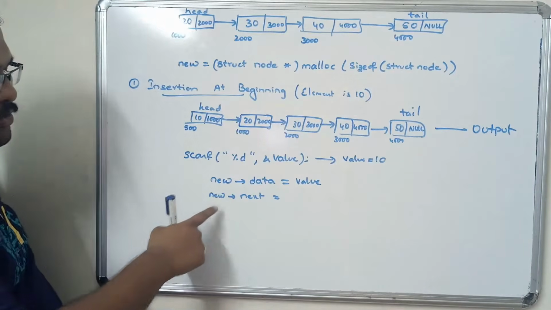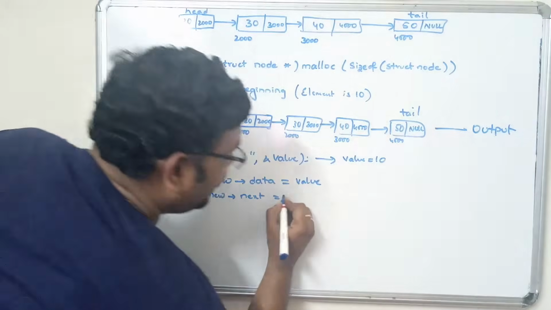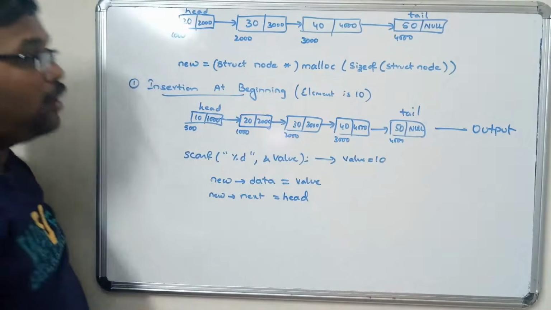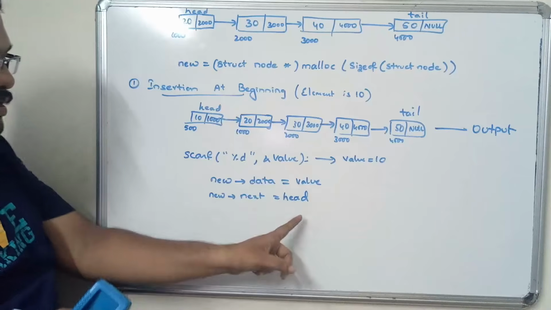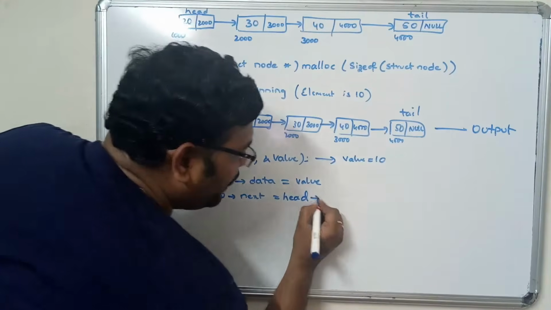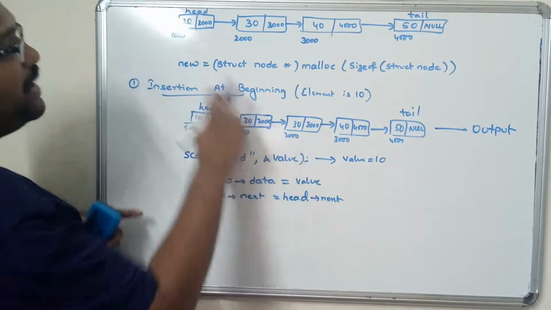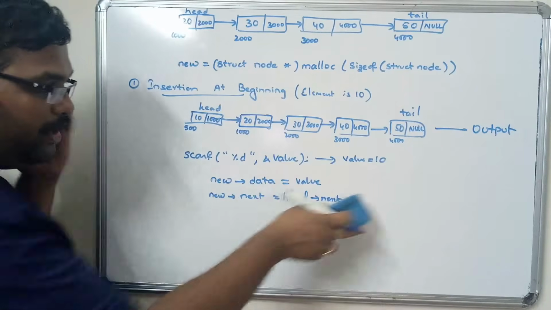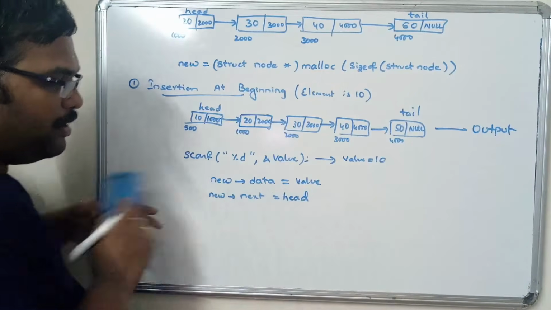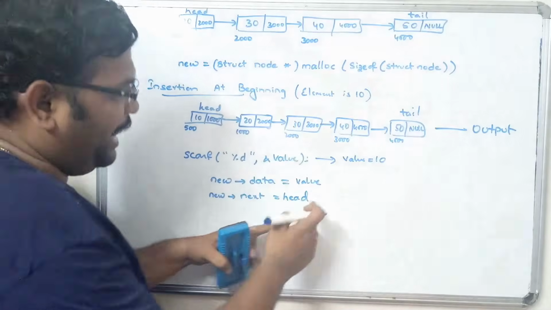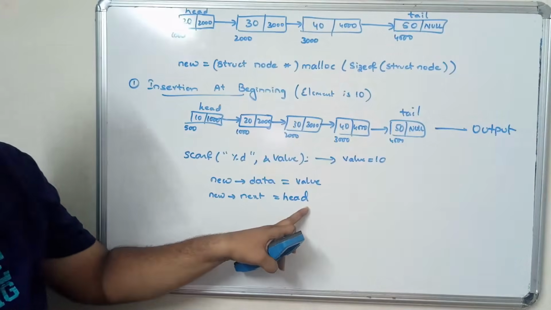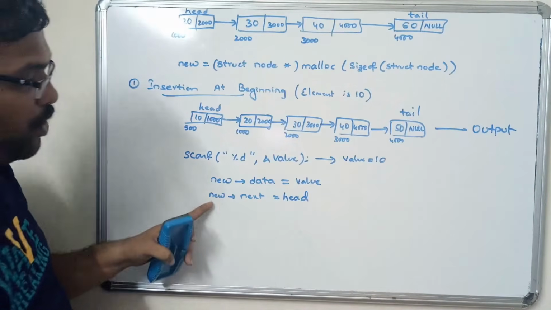Head, new of next is equal to head. Automatically 1000 will be this value. If you write head of next, then 2000 will be here, right? So head, that means automatically the head address will be assigned to new of next.